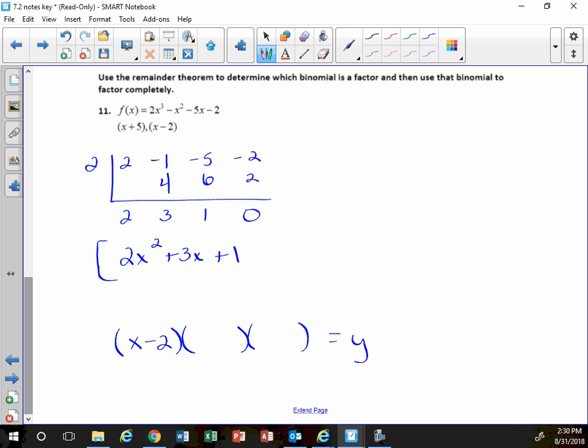X plus 1. Here, 2x plus 1. X plus 1. Excellent use of the cross.